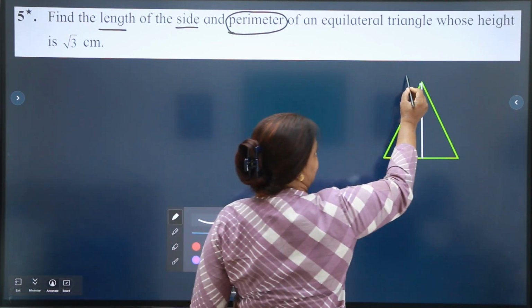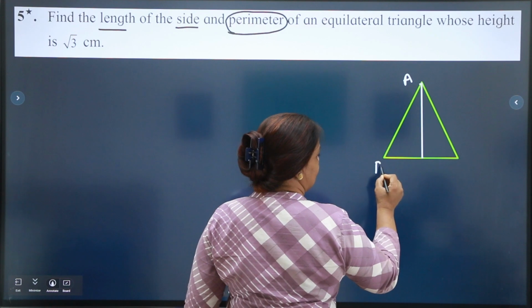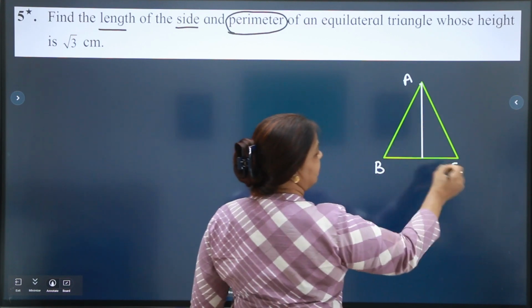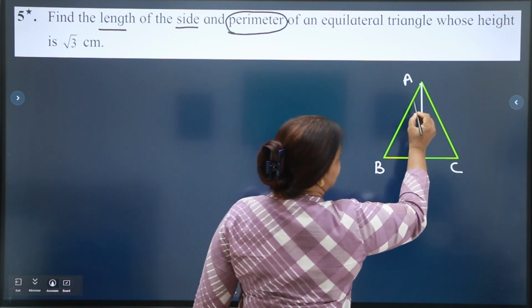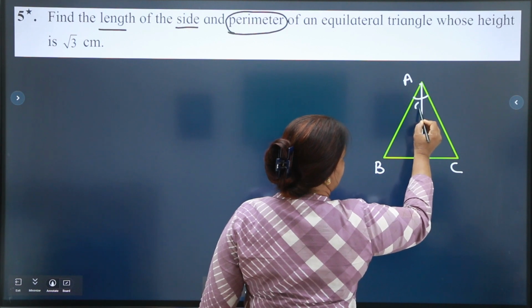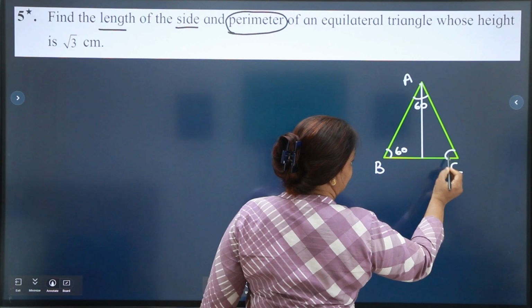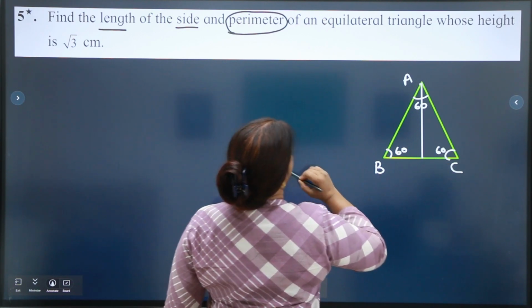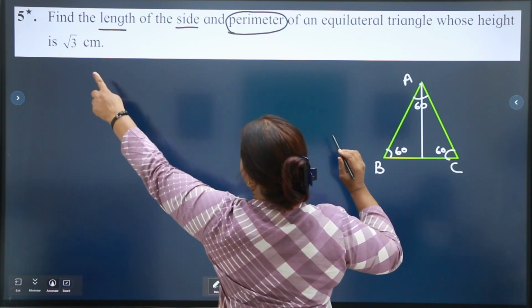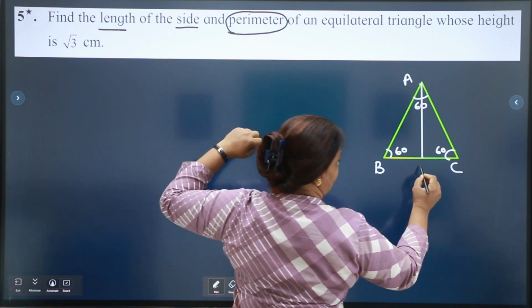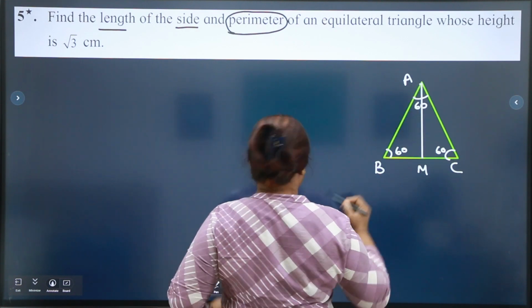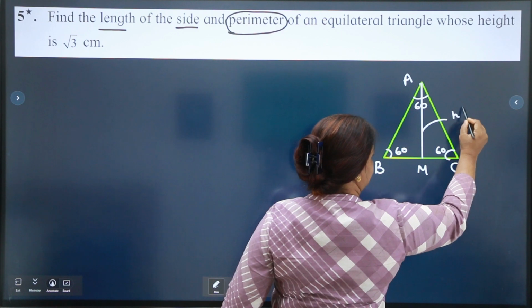So let's name that triangle ABC. Triangle ABC is an equilateral triangle. If it is an equilateral triangle, each angle will be 60, 60 and 60. Whose height is root 3. AM is height, it is given.